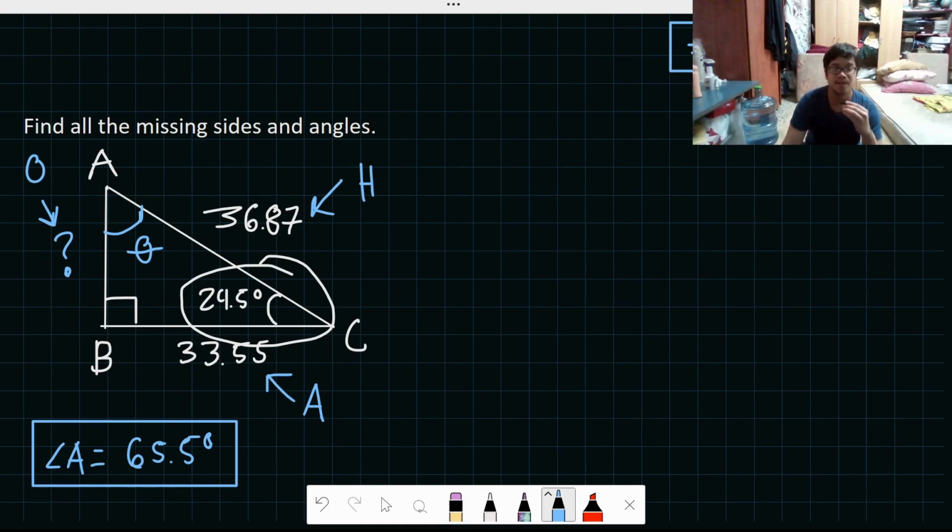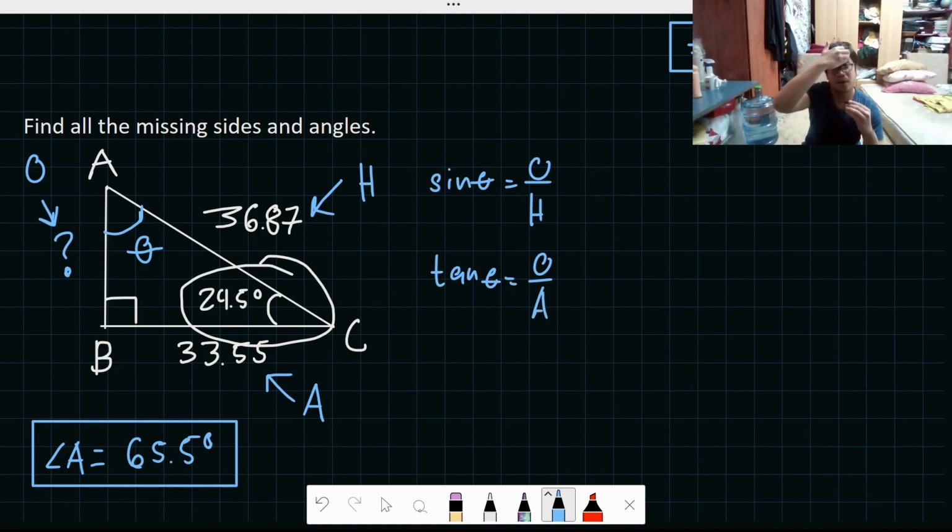Now, the thing is, we will use at least one trigonometric ratio where we can find the opposite side. So we have two choices here. We can either use sine theta, because sine theta is equivalent to opposite all over hypotenuse, or we can use tangent theta, which is equivalent to opposite all over adjacent.